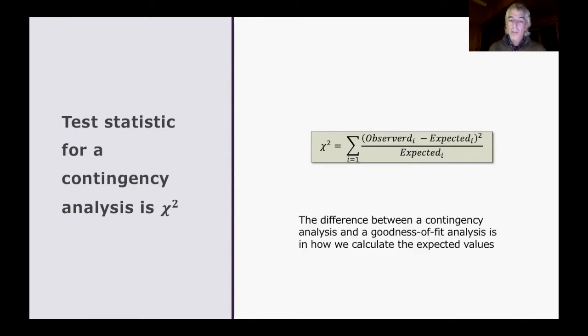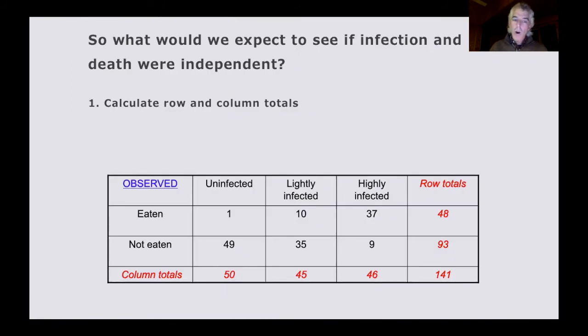But one important difference then between a goodness of fit analysis and a contingency analysis is in how we calculate these expected values. If you recall in our goodness of fit test, we calculated our expected values by using some null probabilities or proportions associated with each of our categories.